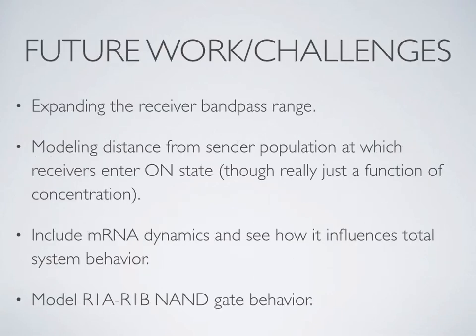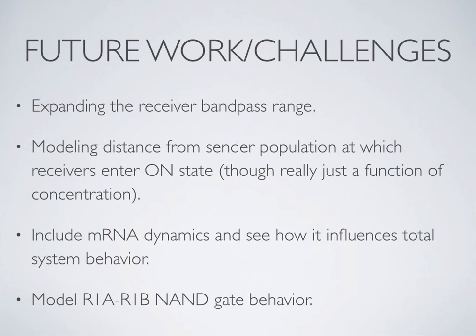Now, if I were to continue work with this project, I would definitely want to try to expand the receiver bandpass range. As you can see before, when I showed you the bandpass plot, it looked like a negative parabola. Now I'm interested in expanding that parabola so it's wider, so a receiver can accept a broader range of input signal levels.